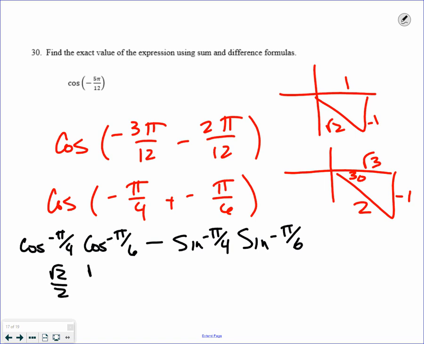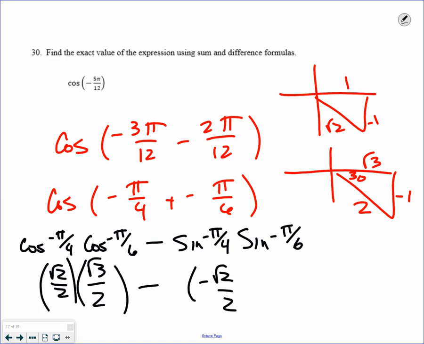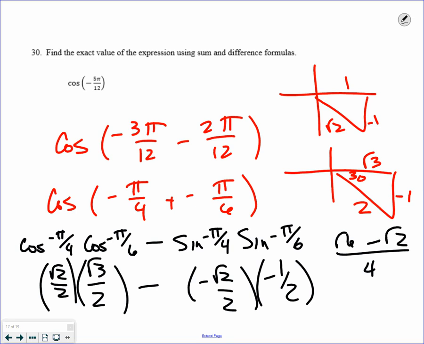Cosine, square root of 3 over 2, minus negative square root of 2, and you probably should use parentheses around each one of these. It makes it a little easier. Negative a half. And so our final answer now, I get the square root of 6 over 4 for the first one, and a minus square root of 2 over 4 for the second.